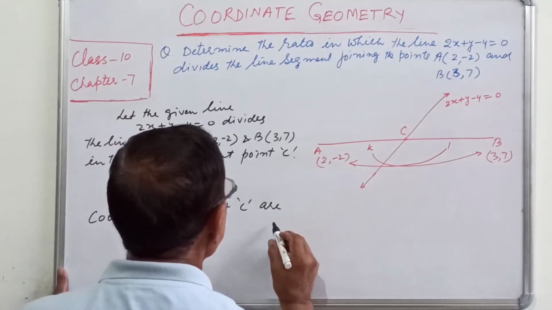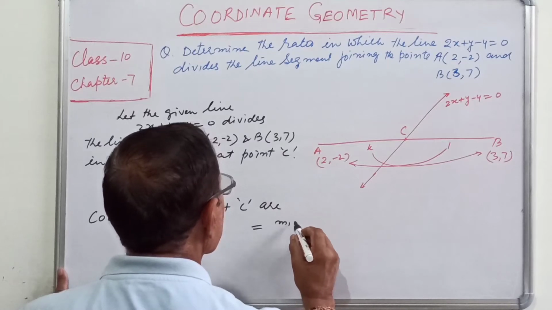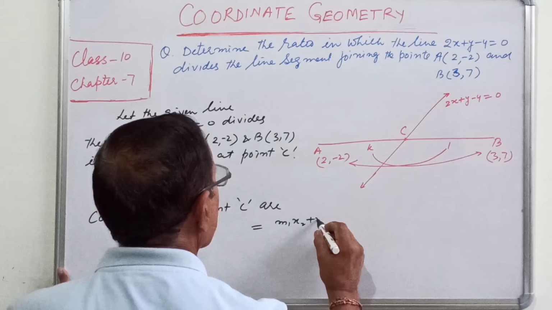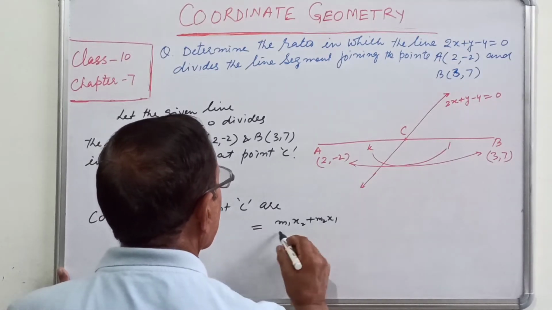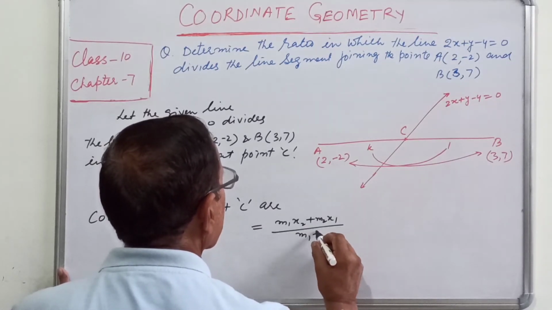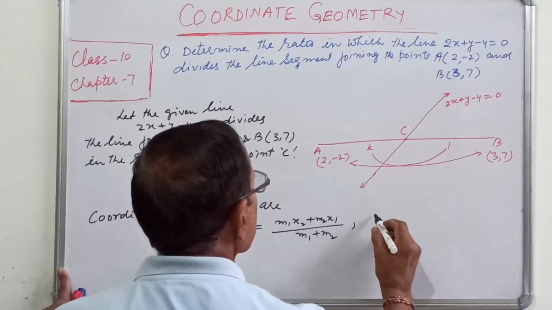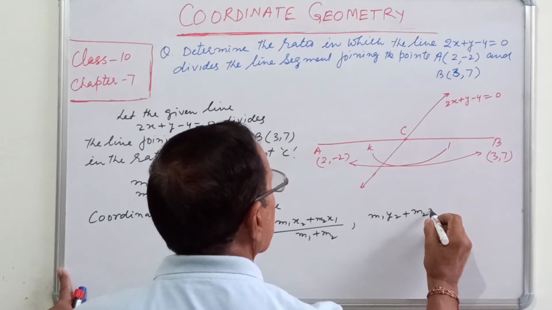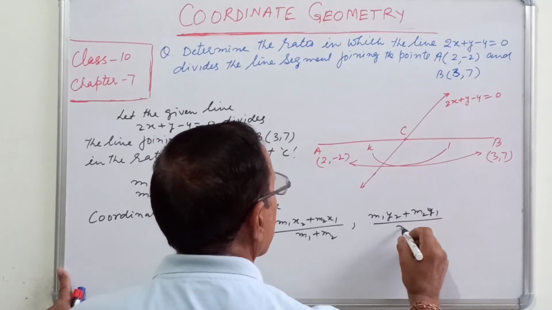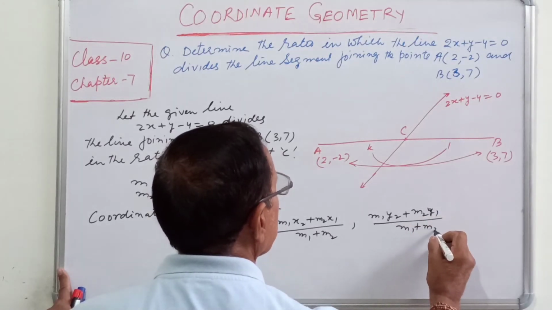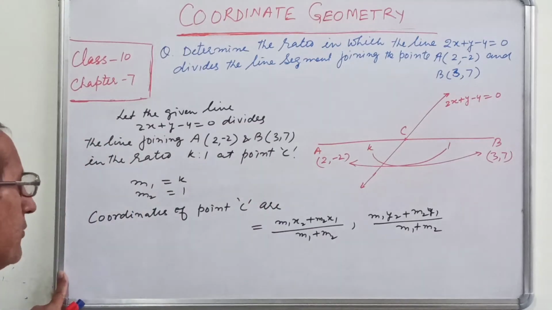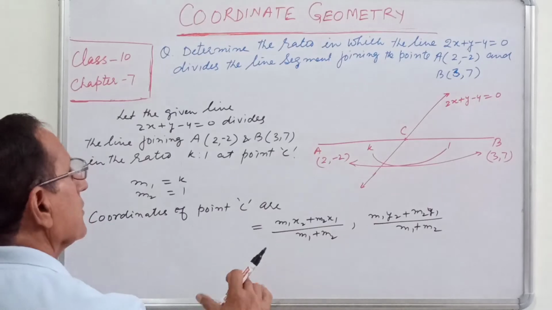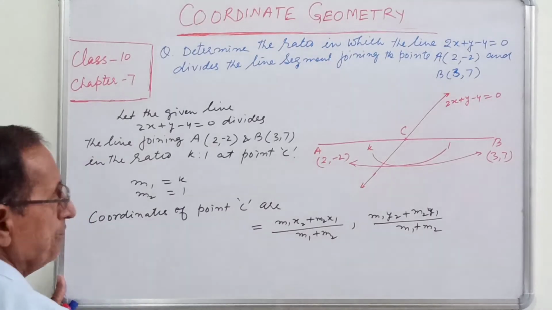The section formula is (m1 x2 plus m2 x1) upon (m1 plus m2), and (m1 y2 plus m2 y1) upon (m1 plus m2). This is the formula for the coordinates of C. This is called the section formula.